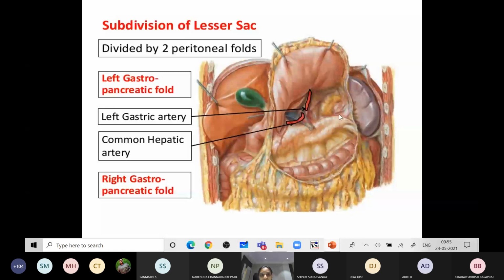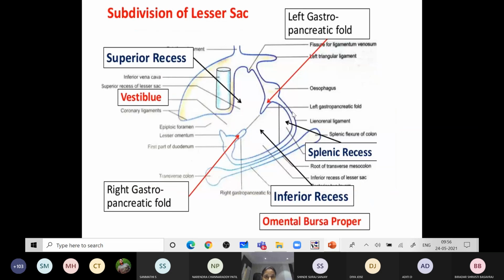Now, how is the lesser sac divided? It is divided into two parts by two folds, the left gastropancreatic fold and the right gastropancreatic fold. See, this is the right gastropancreatic fold, this is the left gastropancreatic fold. The upper part is called the superior recess.